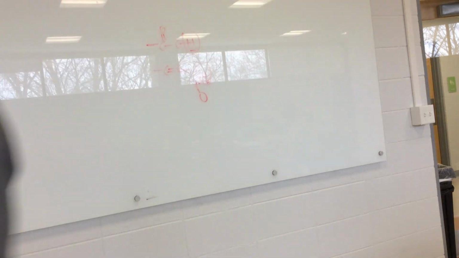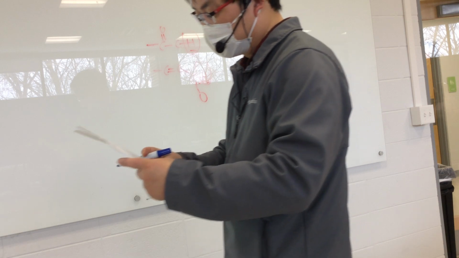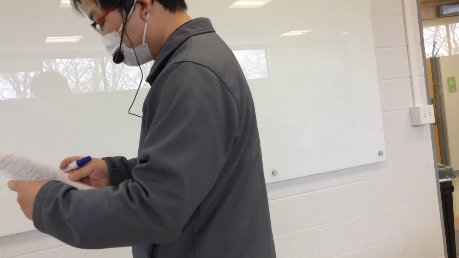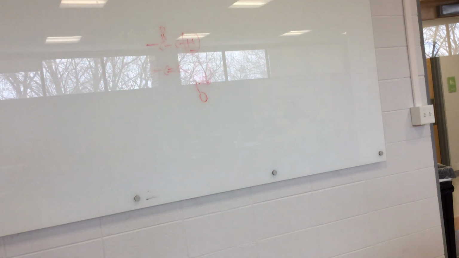Okay, let's look at question 3. The broadband spectrum exhibits 5 signals. So we need to find a structure that has 5 distinct carbons.